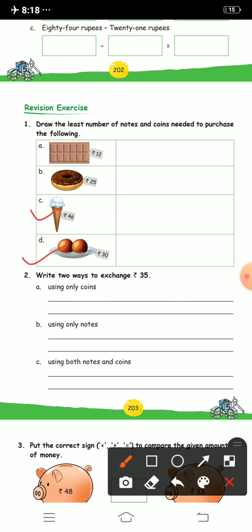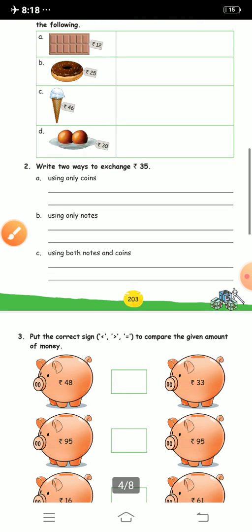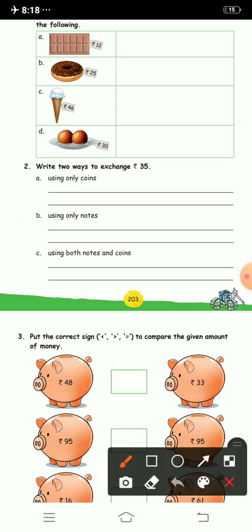Okay. So question 2 is, write two ways to exchange 35. First one is, you have to exchange using only coins. So children, how will you do this? Only coins. So you can take coins of rupees 10, right?